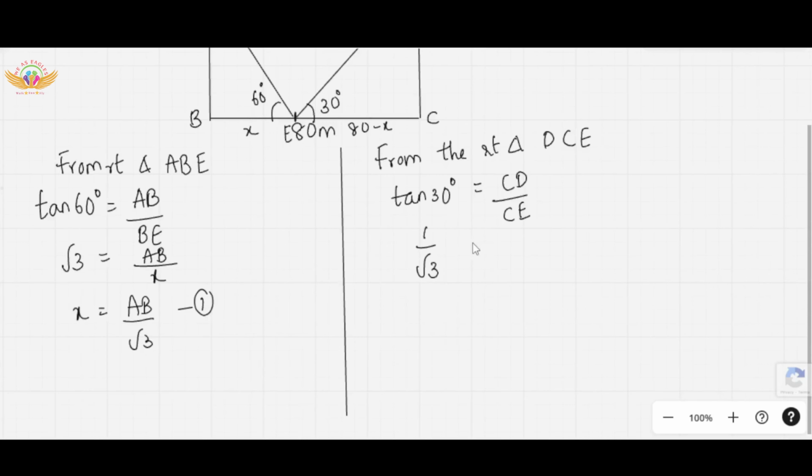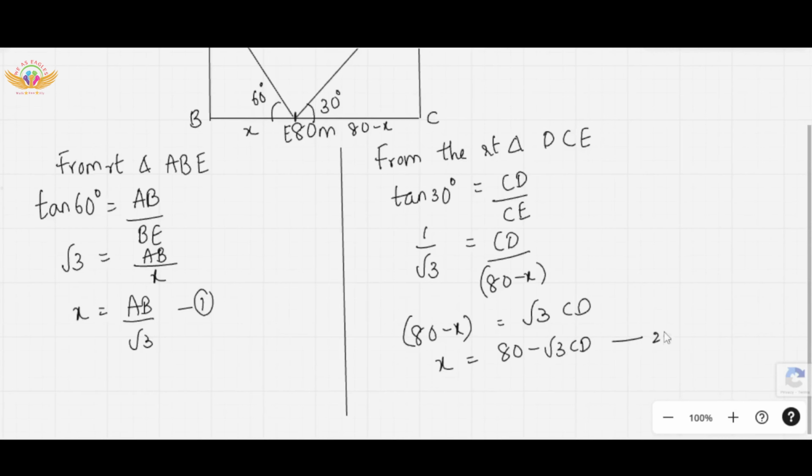And here 1 by root 3 is equal to CD, we don't know, by CE, which is 80 minus X. Okay, 80 minus X is equal to root 3 into CD. So X is equal to 80 minus root 3 CD. This is my second equation.